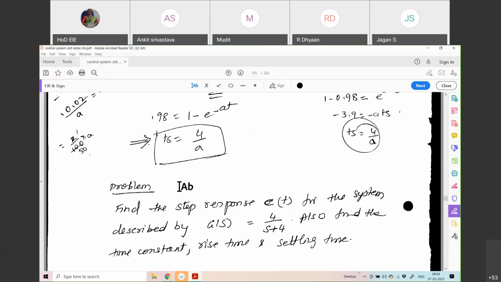Is it within plus or minus 2% of the second floor, or within plus or minus 4% of the second floor? Only that much is allowed. Otherwise, not allowed. So the settling time is that. Settling time is given as 4 by A. So plus or minus 2% means instead of 100, it can reach and stay at 98 or at 102. So settling time is 4 by A.